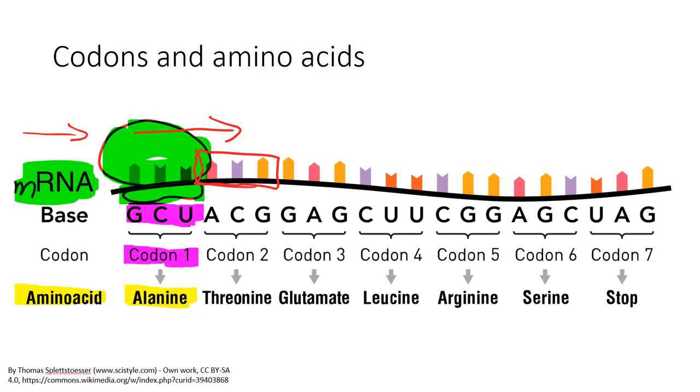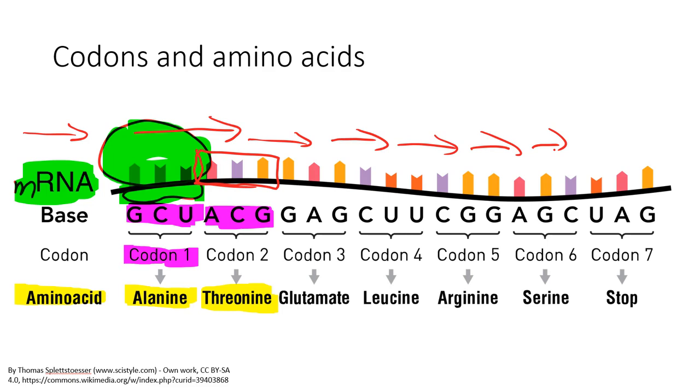The next codon in this case is ACG, and ACG codes for another amino acid, in this case threonine.